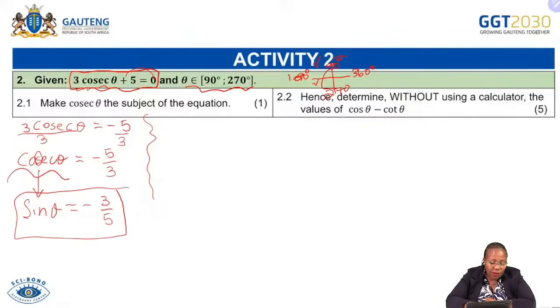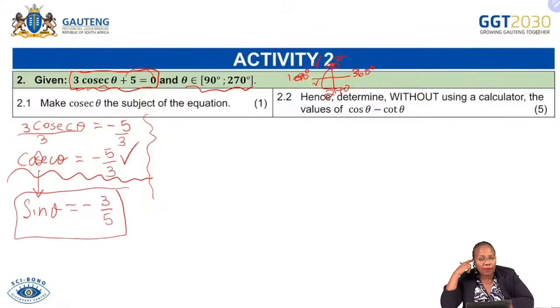Okay? But for this question, we're expected to end up there and give us the solution as minus 5/3. Right. And then now, remember now a sine is y/r. That means the cosec is r/y.